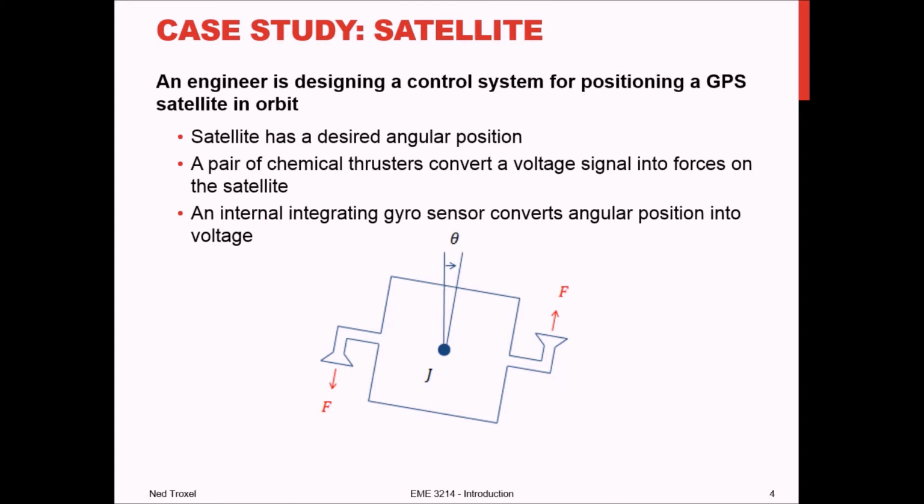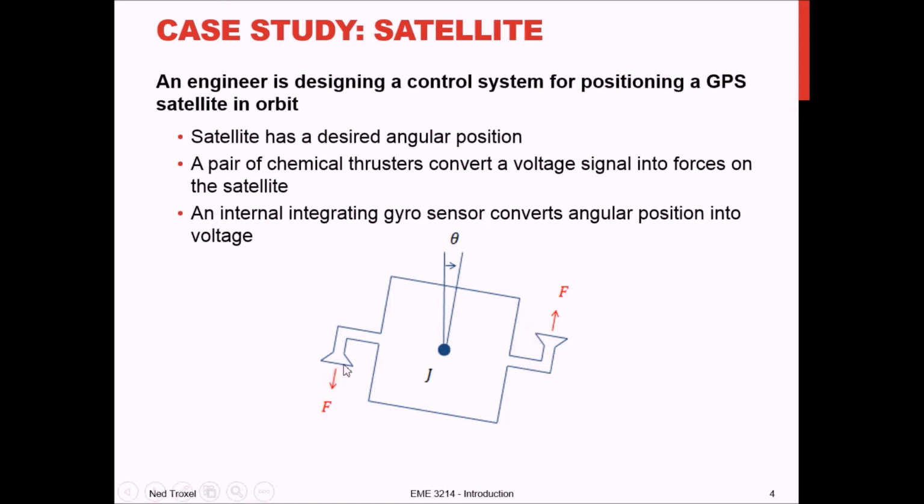So we have a desired angle, and we can measure the actual angle by using a gyroscope, a gyro sensor. And we have a pair of chemical thrusters, that's these here, applying a force on both sides.